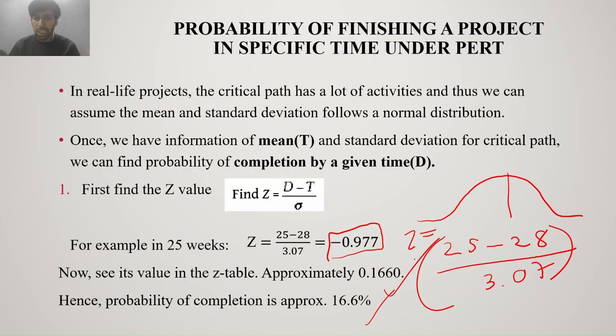So by this, we can find out the probability that our project will finish under or over a specific time too. This is just a general formula you should know to find the Z value. Once we get a Z value, we can use the Z tables to find out the probability of having that particular Z value.